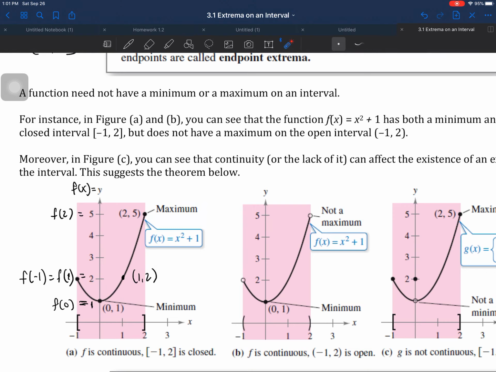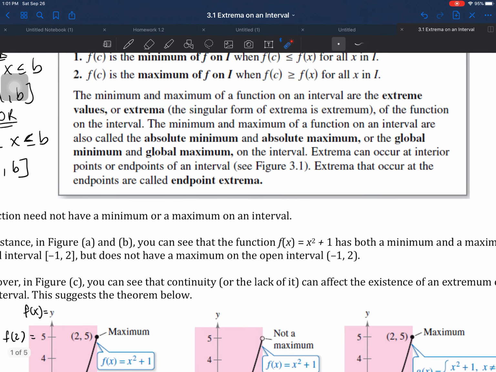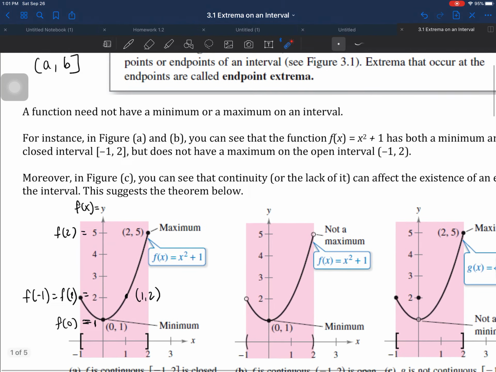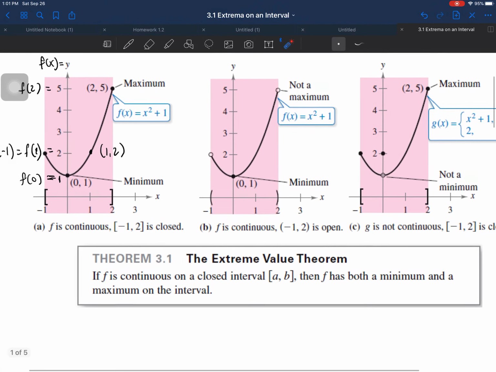So you can find these maximums and minimums in either the interior of the interval or the endpoints of the interval, as we've seen in this previous example. Extrema that happen at endpoints are called endpoint extrema. All right, so we already talked about this example.